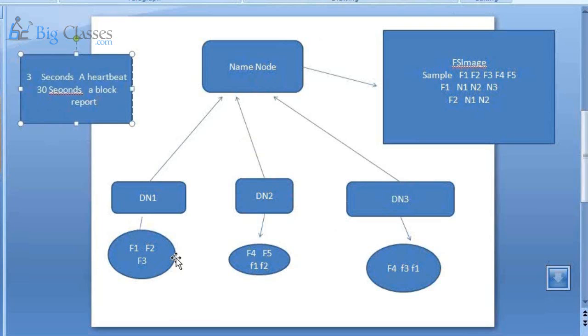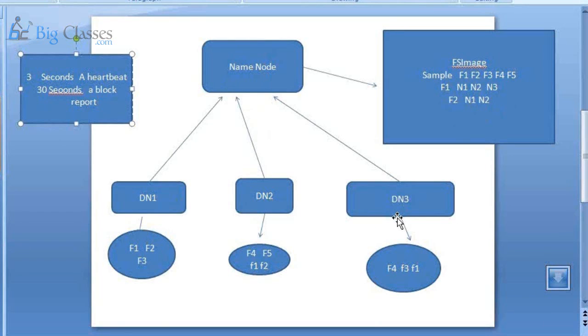That information is sent to the name node from each of these data nodes. Based on the block information sent to the name node, the FS image is going to change those block settings based on the information received from each of these data nodes.